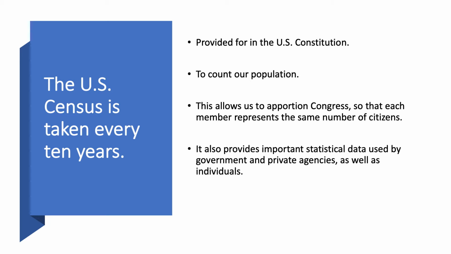It's to count our population, and this allows us to apportion Congress so that each member represents the same number of citizens all across the United States. It also provides important statistical data used by the government and by private agencies as well as individuals.